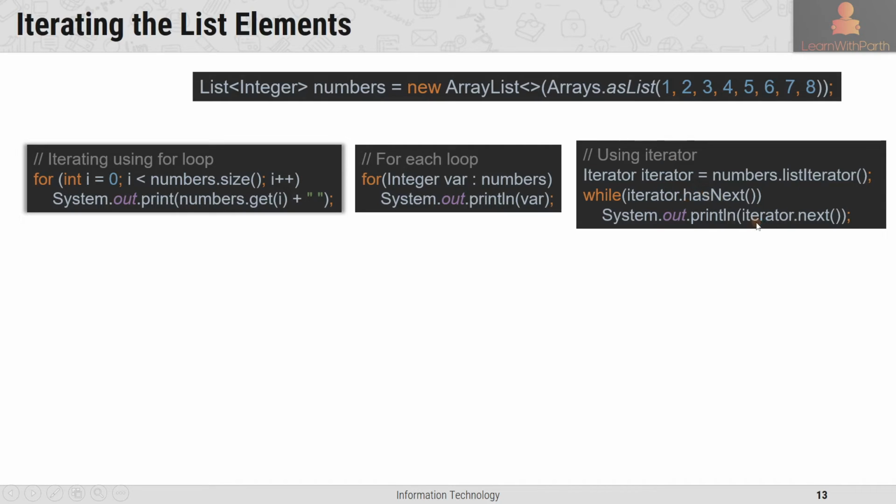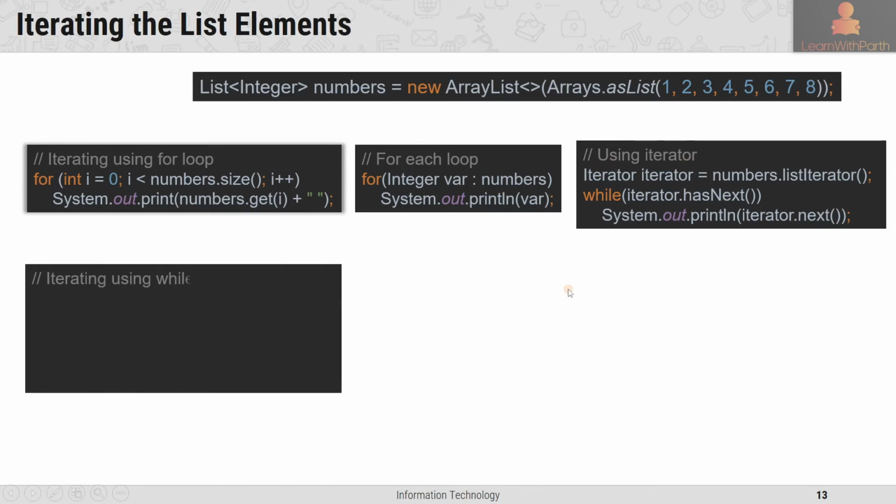Then it is going to call iterator.next, which will return this particular element from the iterator, and then it will come to the second one, followed by the third, fourth, fifth, sixth, seventh, eighth. Once the 8 has been printed, after that iterator.hasNext would return false, because it does not have any further element. So it will come out of this while loop. This is using the iterator.